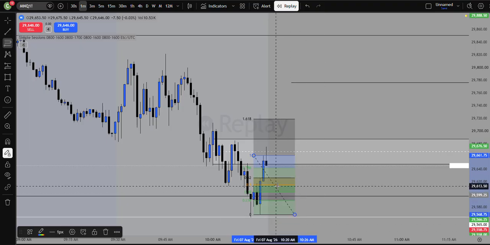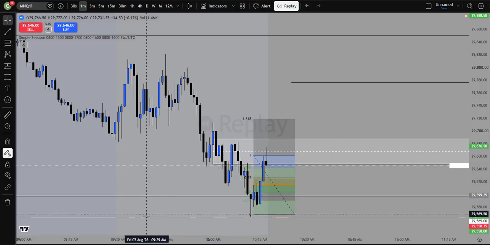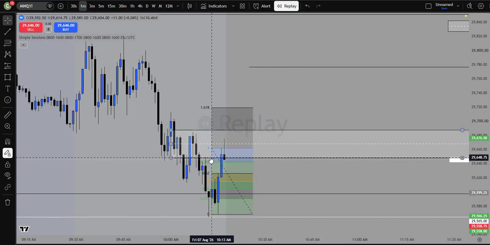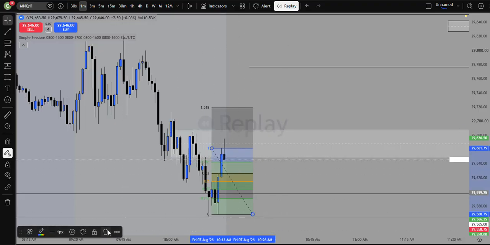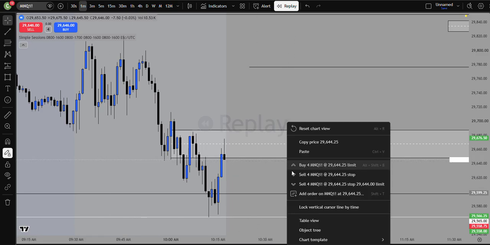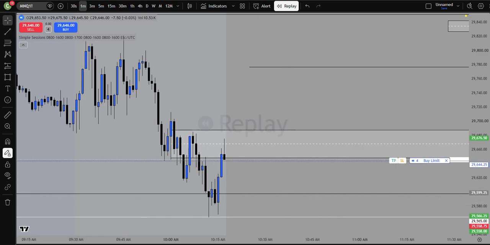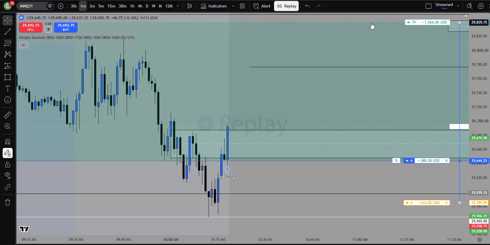But honestly, if you see this break of structure over here, you see a fair value gap, just take a trade. Just have your stop loss in a place where it's not going to bother you. So the stop loss would have been somewhere down here, going for 1 to 3.